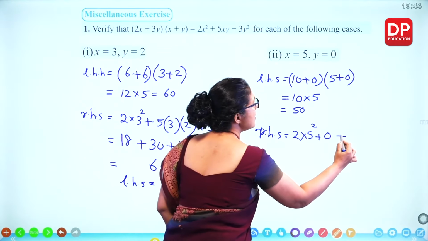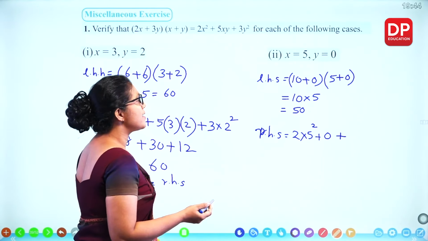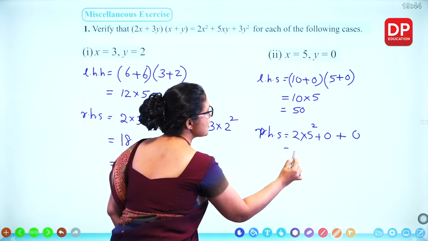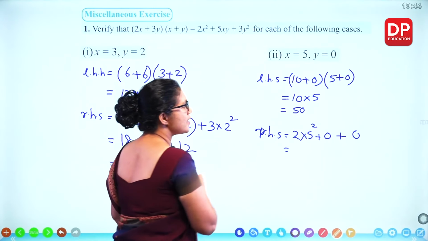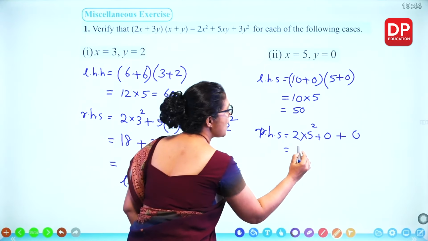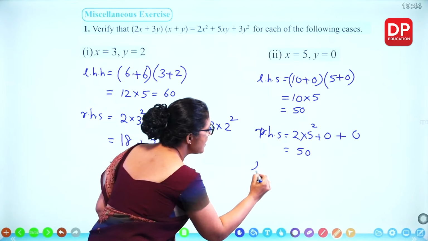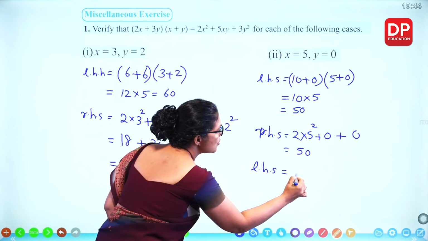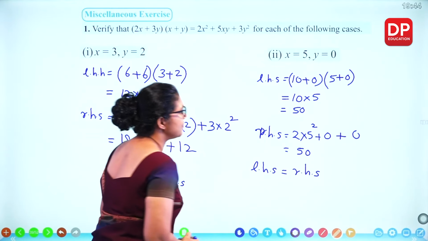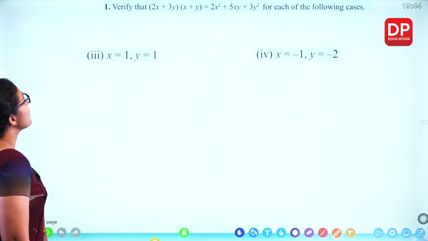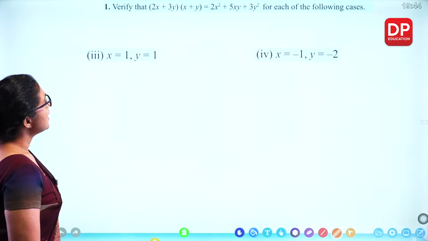The next one, y squared. 0 squared is 0. 0 times this number is 0. So what's the final answer? 5 squared is 25. 25 times 2 is 50. Now we can see left hand side is equal to right hand side. Now we'll take this question.